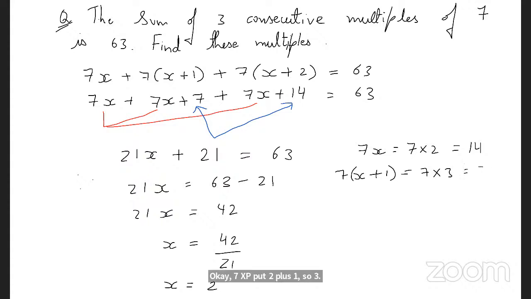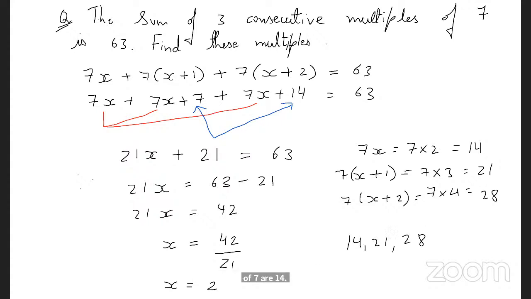That is 21. Then 7 into x plus 2. x is 2, 2 plus 2 is 4. So 7 into 4, we have 28. So the 3 consecutive multiples of 7 are 14, 21, 28.